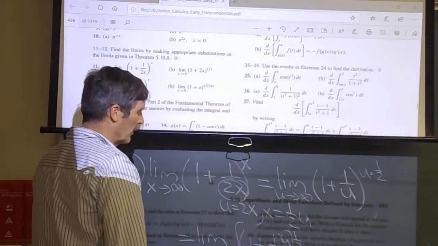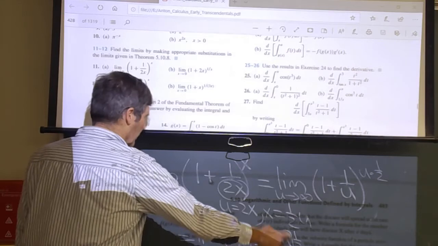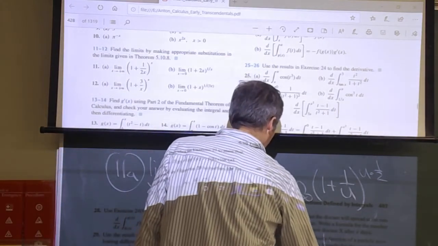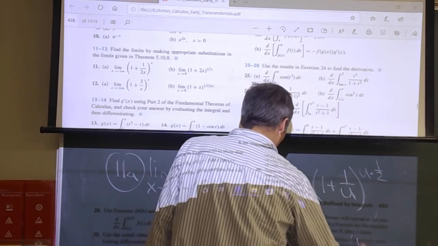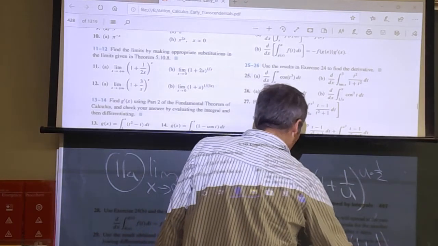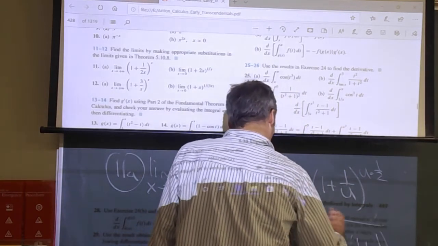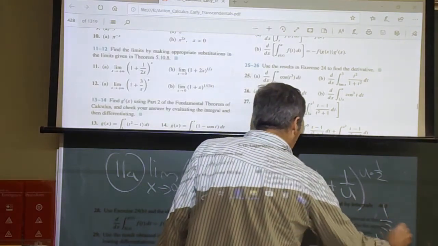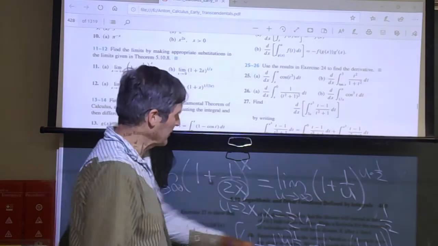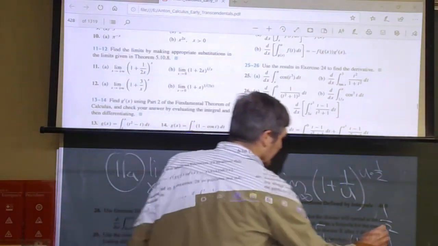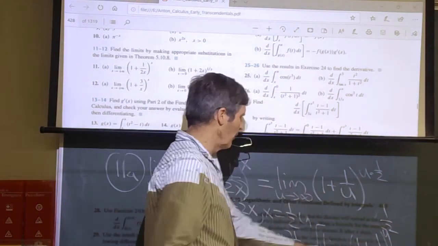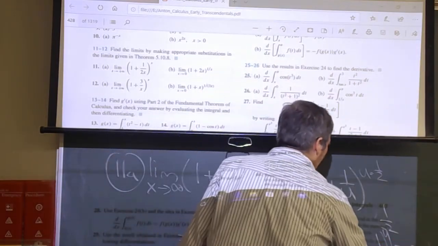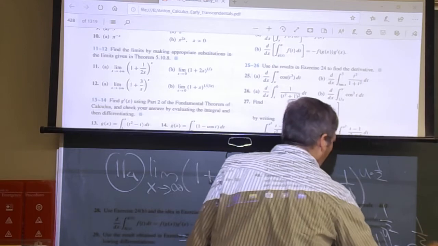And then you remember that when the limit of the inside thing exists, you can pull the power outside the limit and rewrite this as the limit as u goes to infinity of (1 plus 1 over u) to the u, whole thing to the 1/2, taking the power outside. And now the limit as u goes to infinity of (1 plus 1 over u) to the u is equal to e. So this is e to the 1/2, or square root of e.